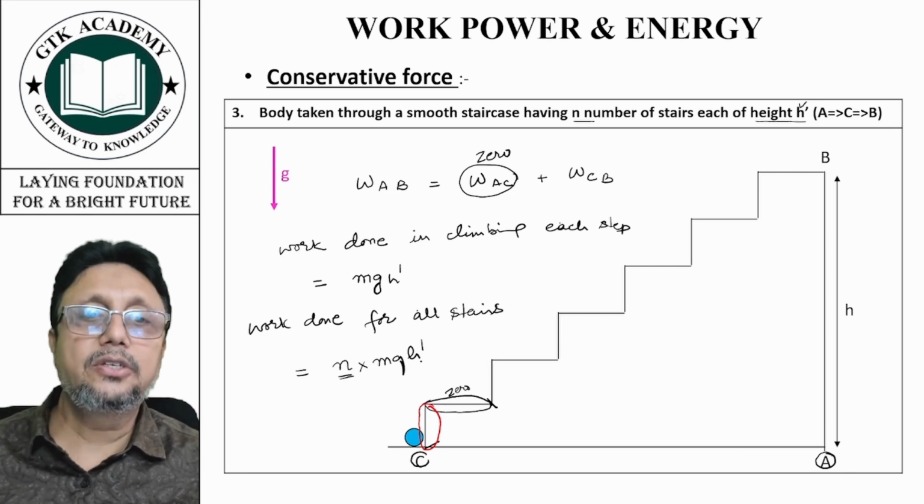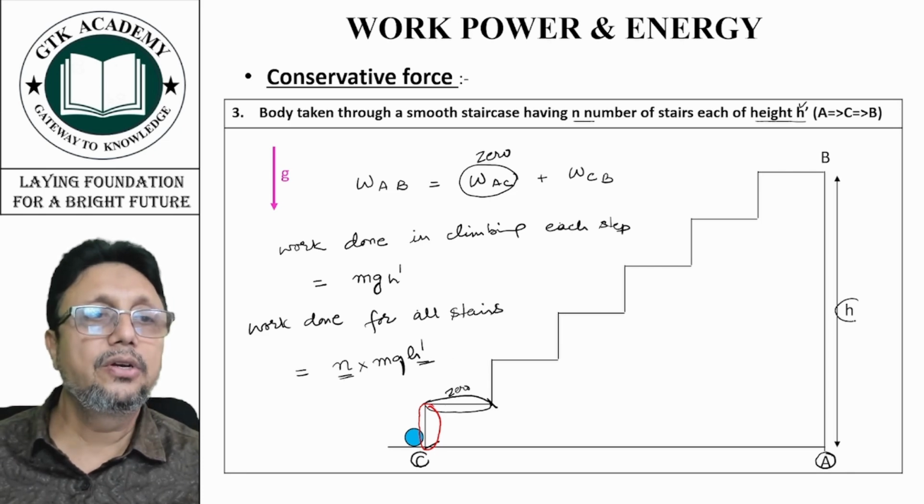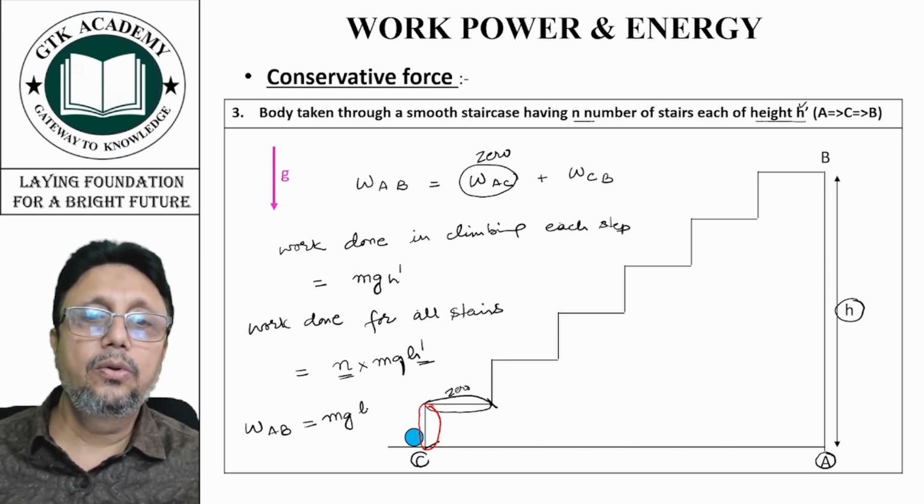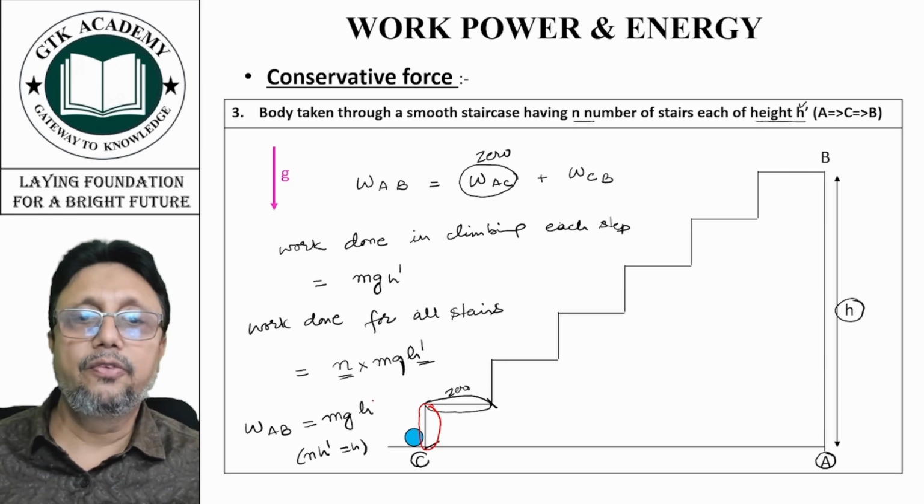Now n into h dash is equal to h. So the work done from A to B is again equal to mg into h, because n into h dash is equal to h. So you can see here also the work done is mgh.